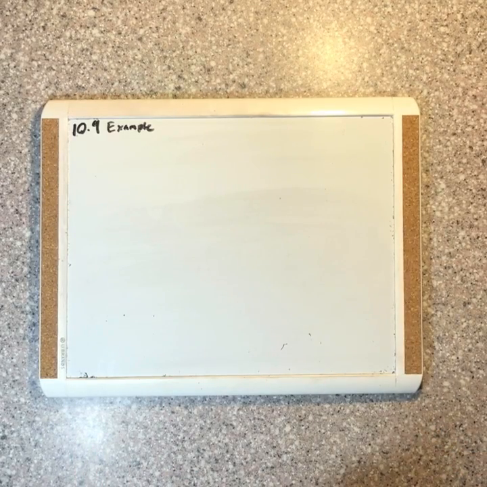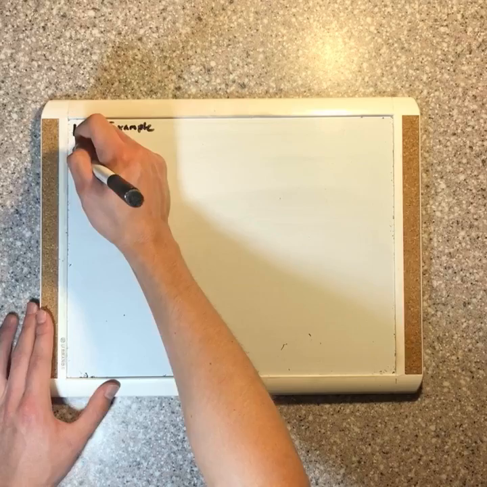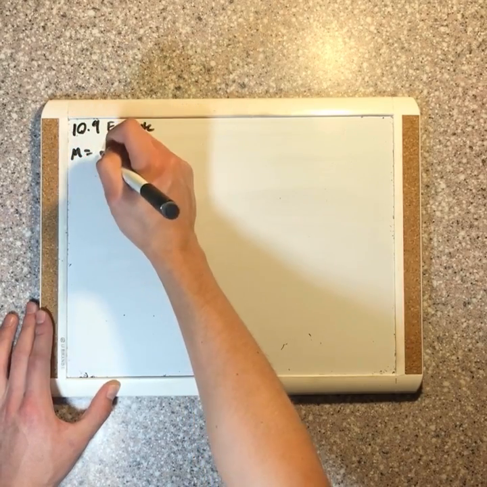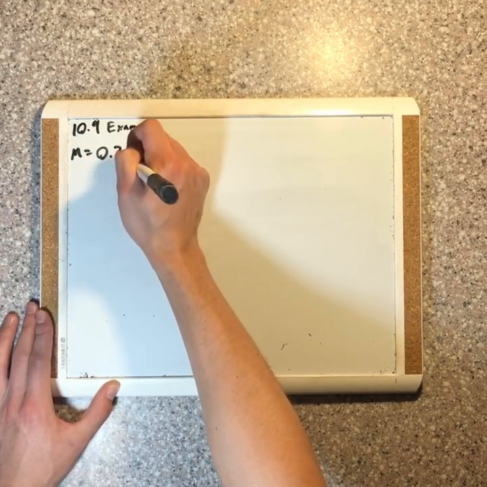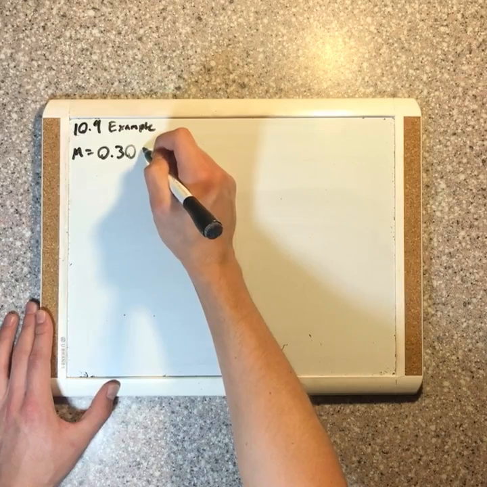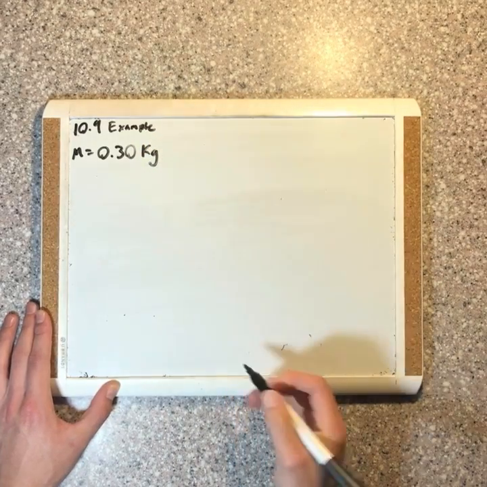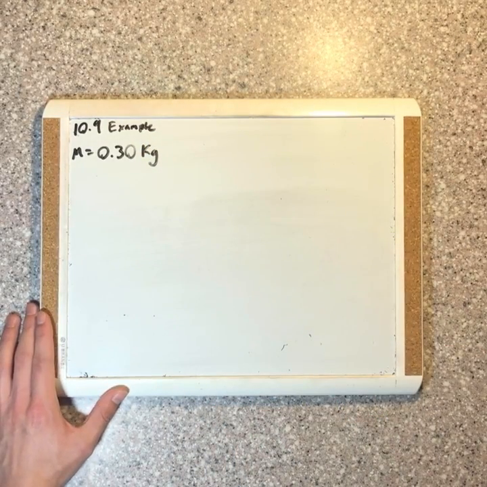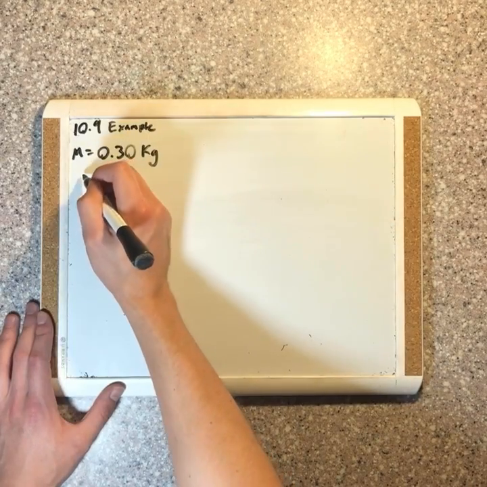First thing we need to do is to write down our givens, right? We are given the mass of the block, so we'll write down mass is equal to 0.30 kilograms. Second thing is that the block is rubbed against the table 30 times.